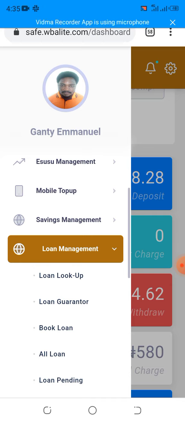Ignoring this lookup might cost you a lot, a loss of funds, capital or principal. So it's very important you do your lookup first before issuing out a loan.